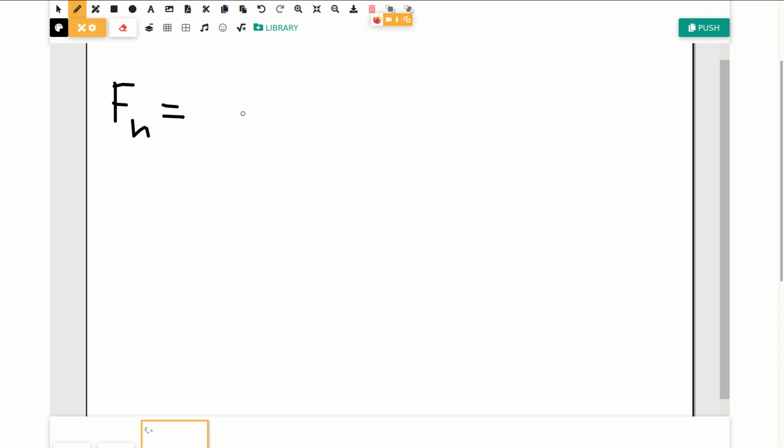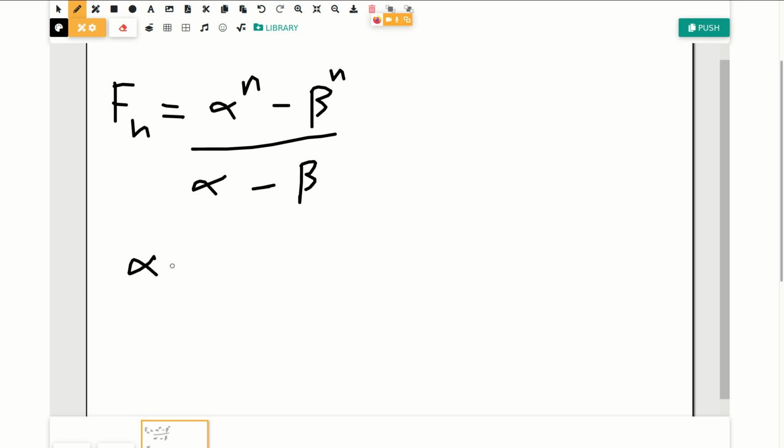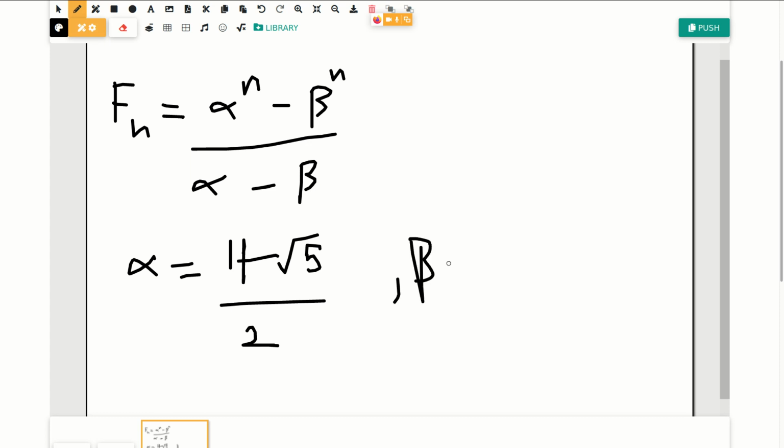You can write any Fibonacci number in terms of this value, over alpha minus beta, where alpha is equal to 1 plus root 5 divided by 2, and beta is equal to 1 minus root 5 divided by 2. This might not be very relevant in CP because we hardly deal with irrational numbers in competitive programming, but yeah.